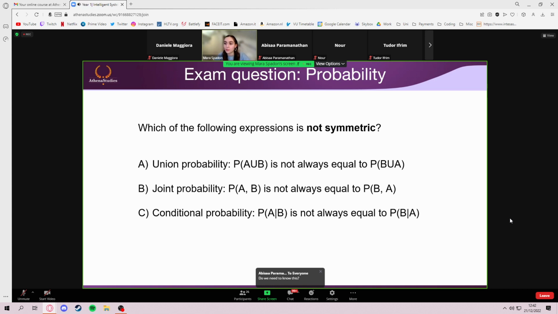Yeah, this was an exam question, but we also just saw it. So with the theory you know about probability, I feel like you should be able to know why this is the case.